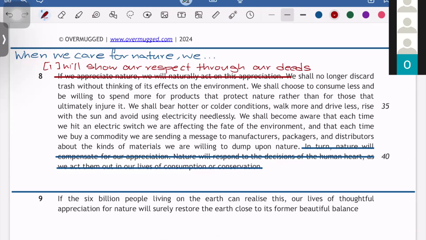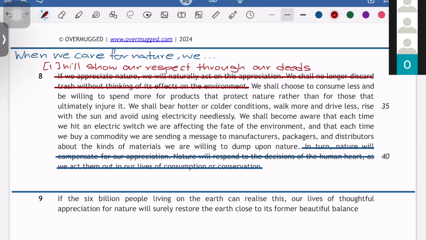And then you can restructure the sentences. Continuing with the next sentence, talking about some actions, how you no longer discard trash without thinking of its consequences on the environment, I'm going to combine this into one full sentence.